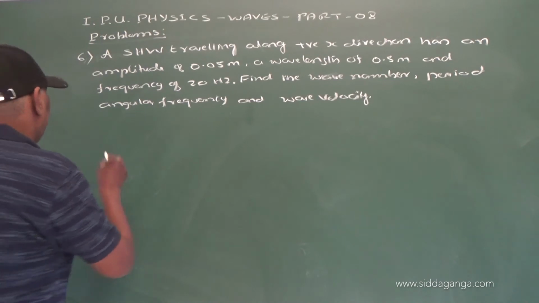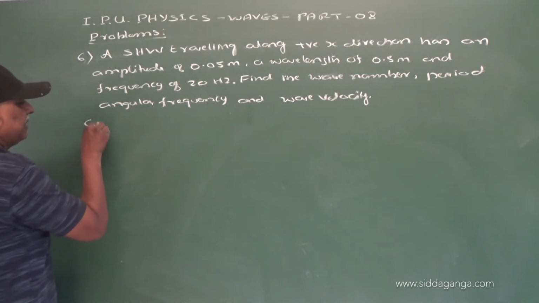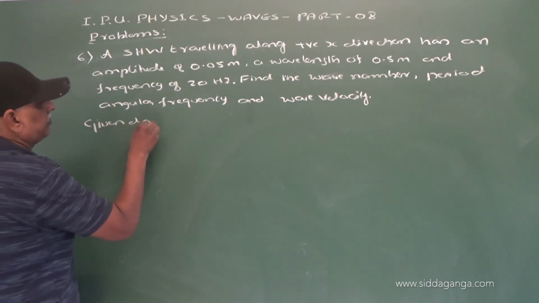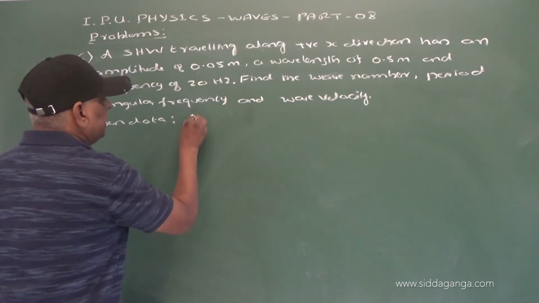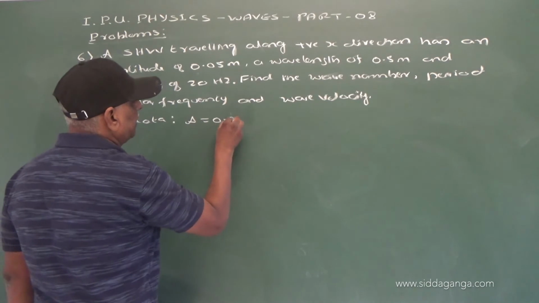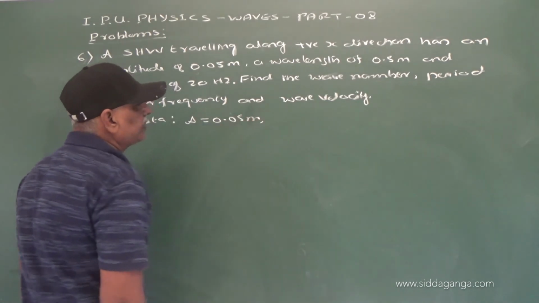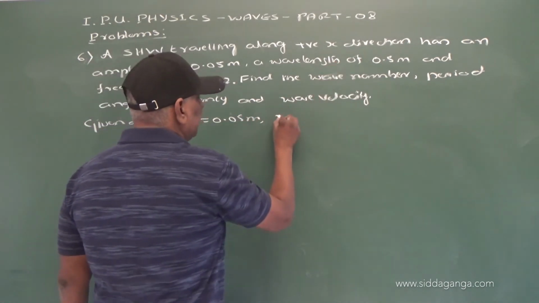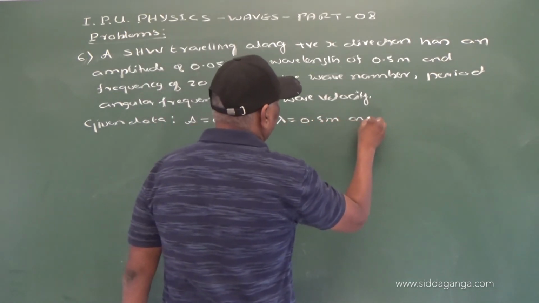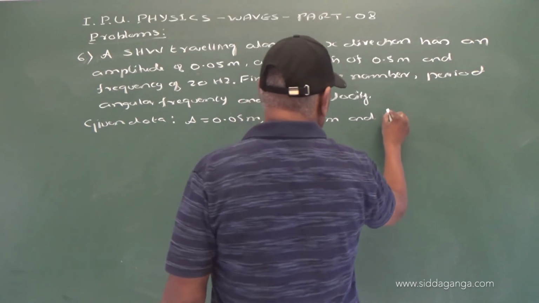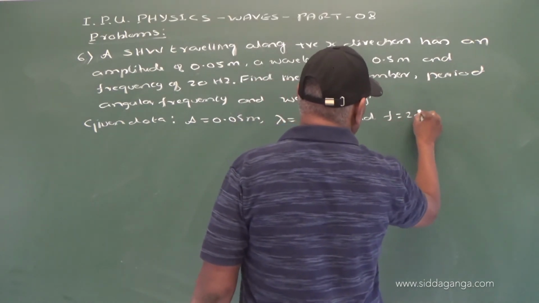See here, the given data. Amplitude A is equal to 0.05 meter. Wavelength lambda is equal to 0.5 meter. And frequency f is equal to 20 hertz.